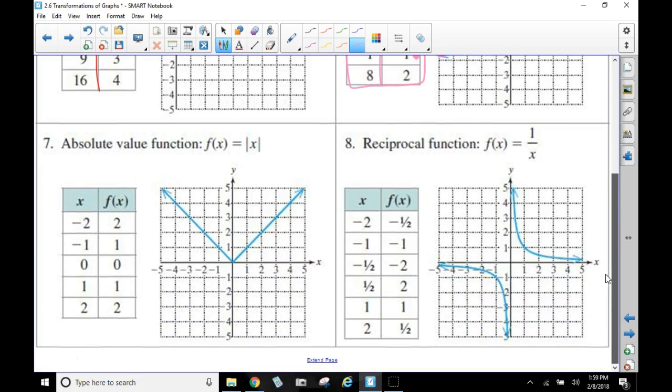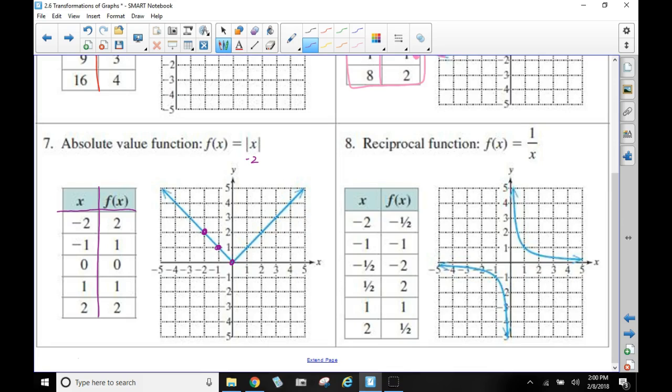Okay, next, absolute value. The rule here is for each x value we pick out, to find the corresponding y value, we will take the absolute value of that. So when x is negative 2, our function is the absolute value of negative 2, which is positive 2. The absolute value of negative 1 is 1. There's another key point on our graph.